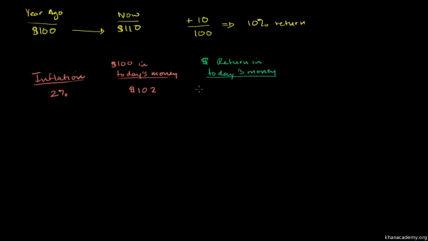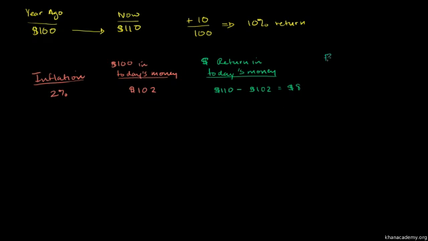Well, we're getting $110, and we invested, in today's money, $102. If we look at it in today's terms, we invested something that gives us the same purchasing power as $102 today, and now it's giving us a purchasing power of $110. So we've gotten $8 more of purchasing power in today's money.